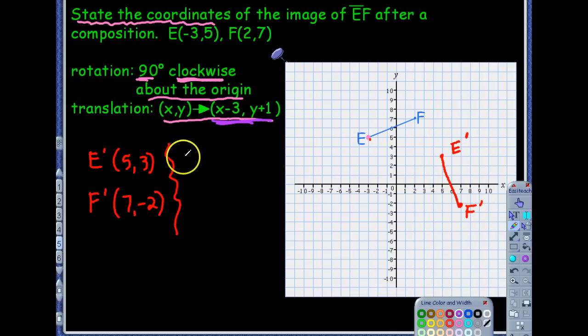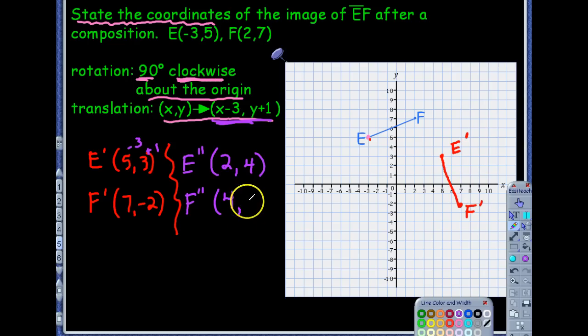So what are we going to do to E prime to get E double prime? Okay, well, I know I'm going to take the X value and I'm going to subtract 3 from it. So my X value is going to be a 2. And my Y value, I want to add 1 to it, so that's going to be a 4. Easy enough. And basically do the same thing to this one. Right. So then we'll have a 4, -1.